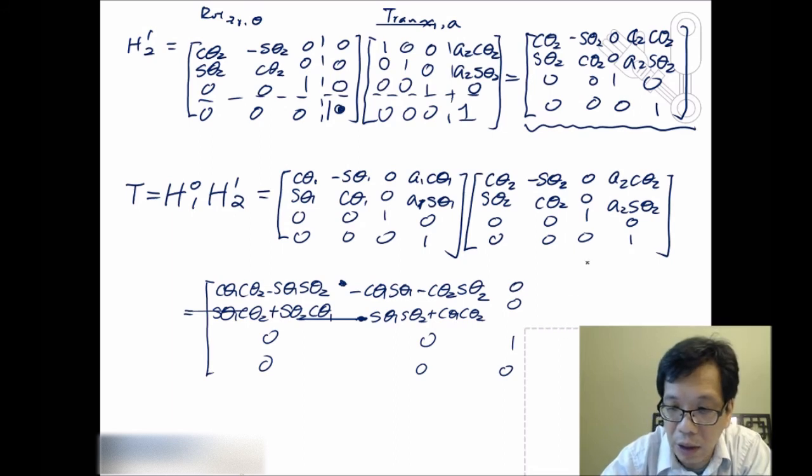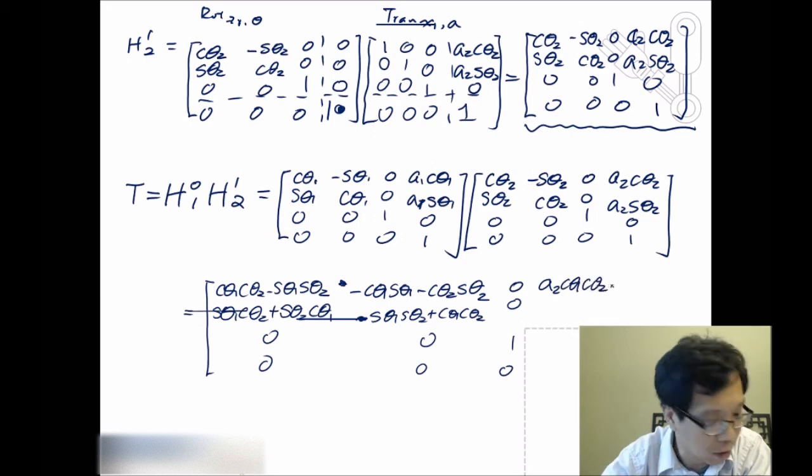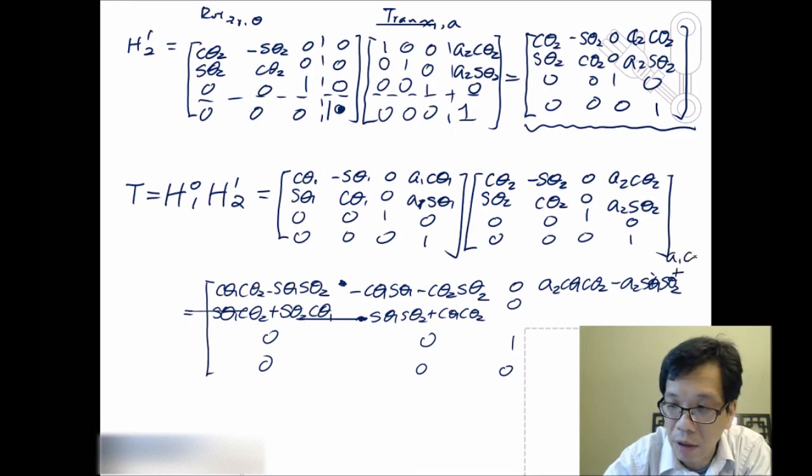And over here, I got a2 cosine theta 1, cosine theta 2, minus a2 sine theta 1, sine theta 2, plus a1 cosine theta 1.